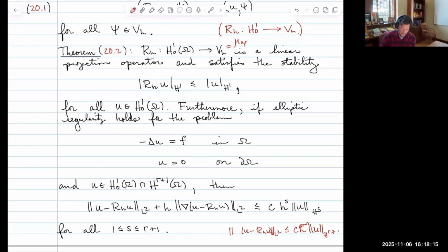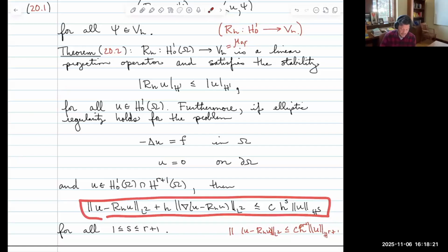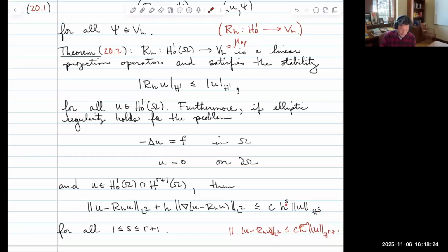If I combine those two ideas together, then I get this estimate here. But it just so happens that it's true for any s up to and including r plus 1. If you don't like that, you can just think about s being its maximum value, which is r plus 1, and then it comes out to be what I just said.